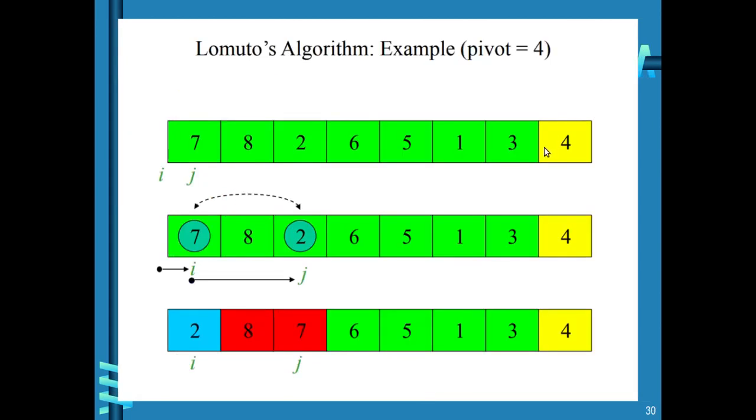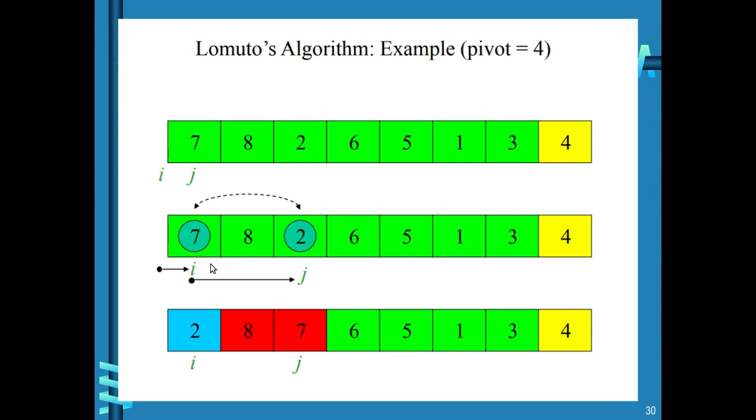So we start at the beginning and we say 4 is our pivot. In this algorithm, we always start at the end. Now we start to look at the rest of the array and we start to swap things. For instance, we start with I equal to the first one, and we compare it. J first would be here at 8, and we'd find we don't need to swap anything.